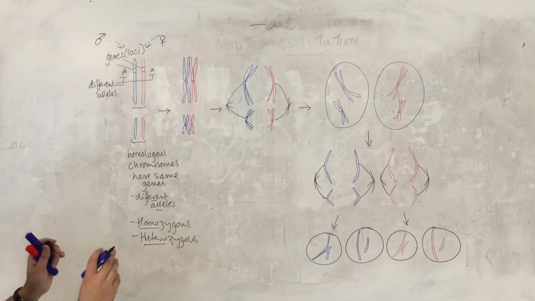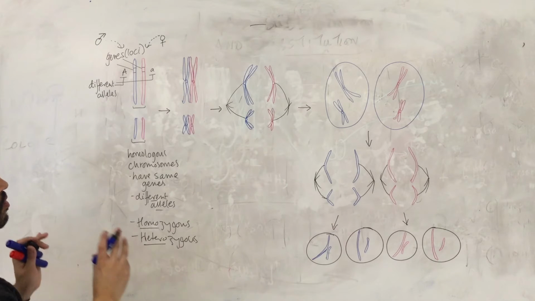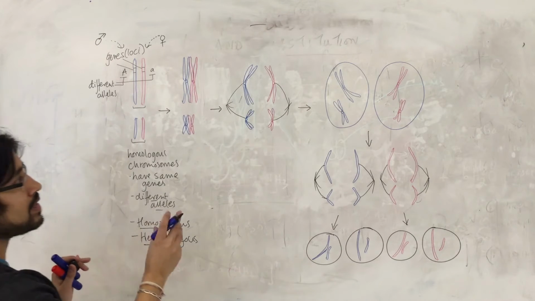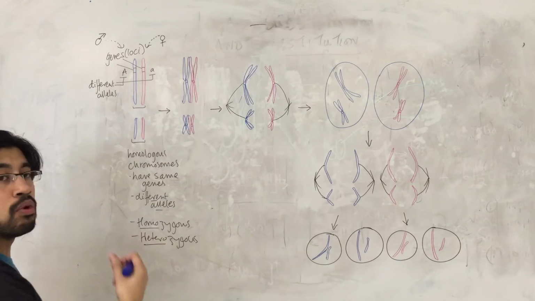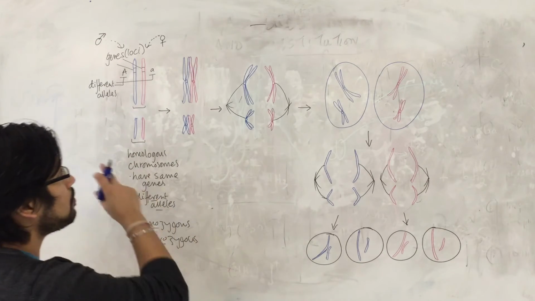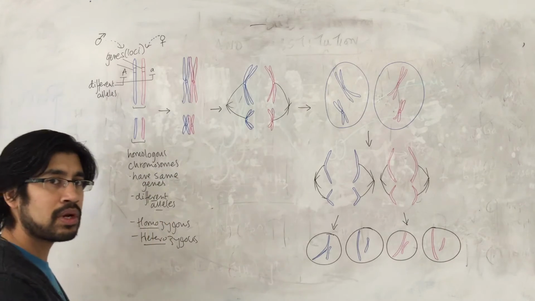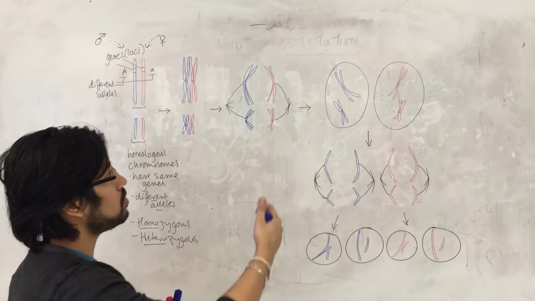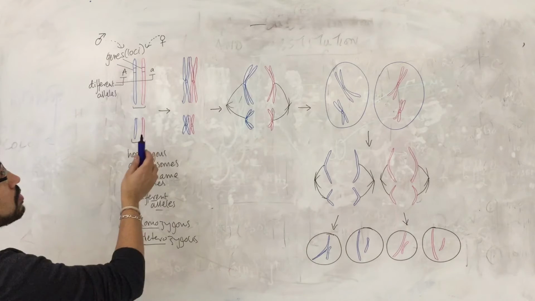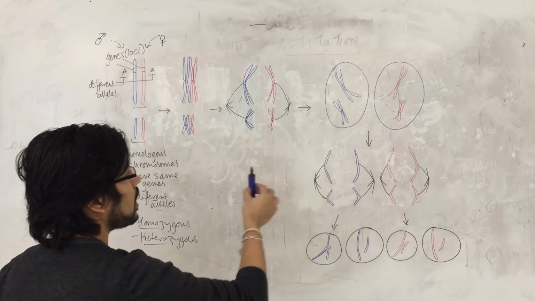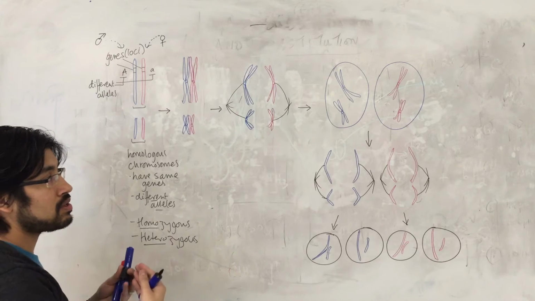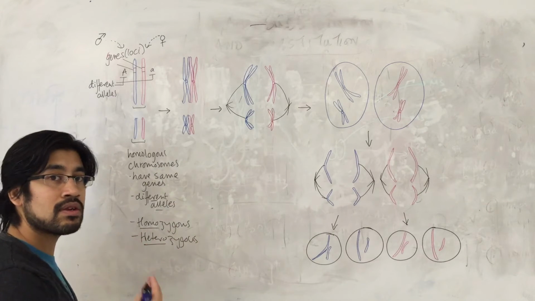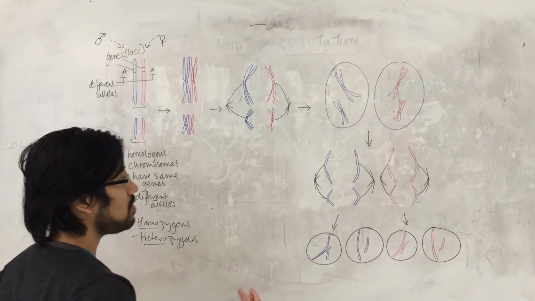But the focus of this is not that, but how meiosis can work to generate more variation. I'm not going to go through the individual steps of meiosis. I think that you can do that yourself. But what I will do is look at how this process occurs, and how it generates variation, how it increases variation.